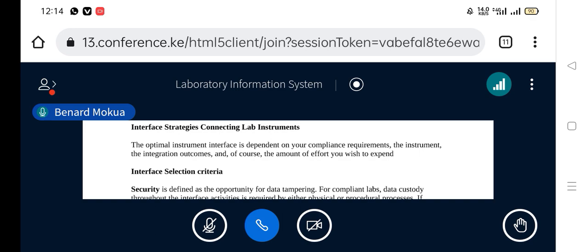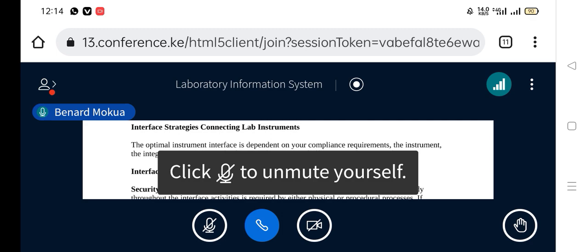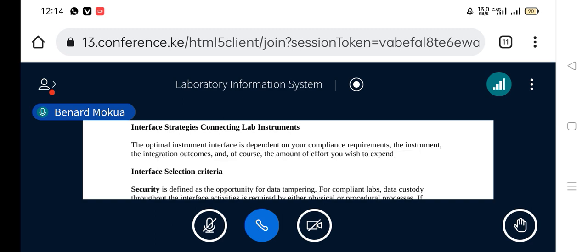So I think that is up to where we have reached. I should work on the handout and send it to you so that you can see how far we've gone. This part on instrumentation is the second part of our discussion. The first part, we started with the introduction, which took us to the components of an automated laboratory information system.